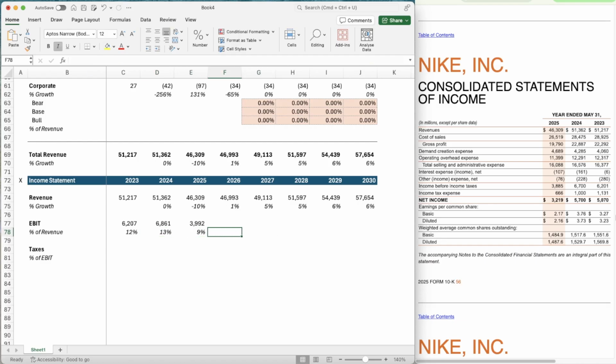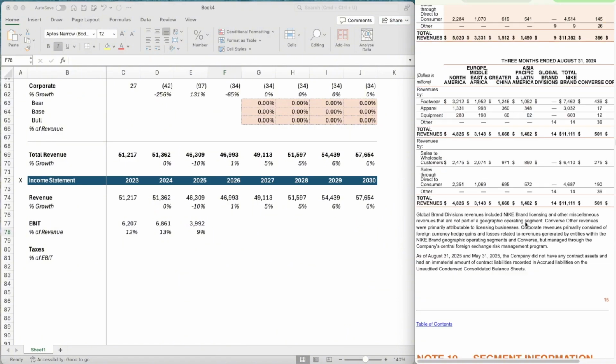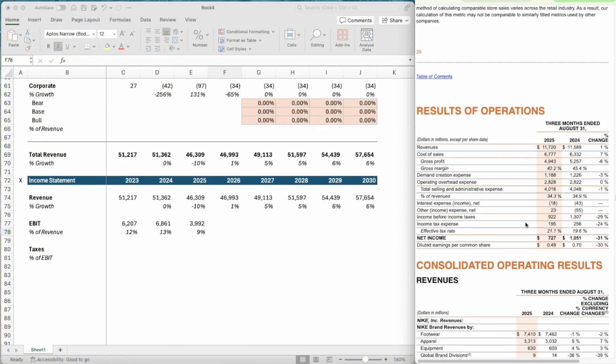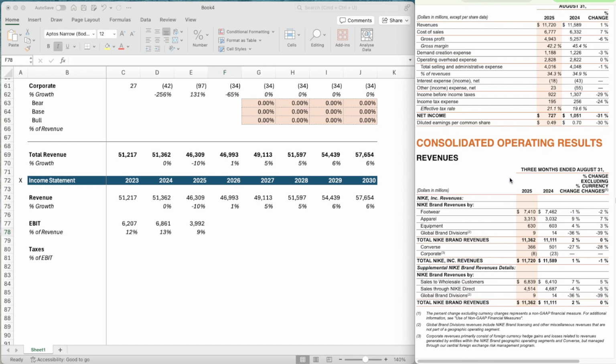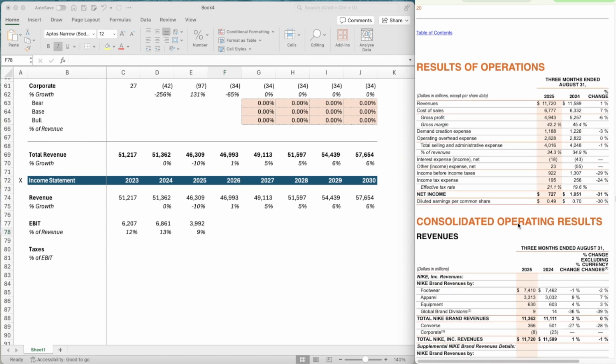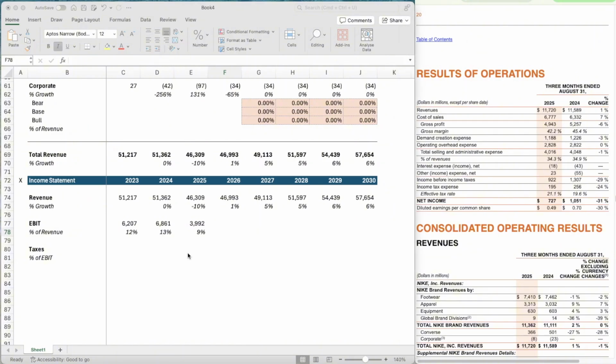So yeah, for 2026. Okay, let's find it. Oh, we could have gone to this one, consolidated operating. Yeah, okay. So by this time last year they had done 2.95.